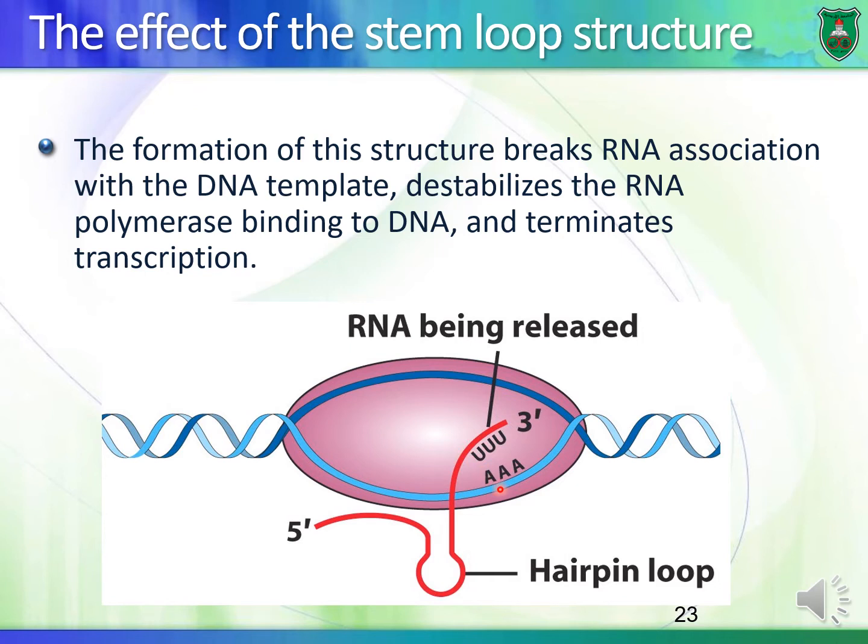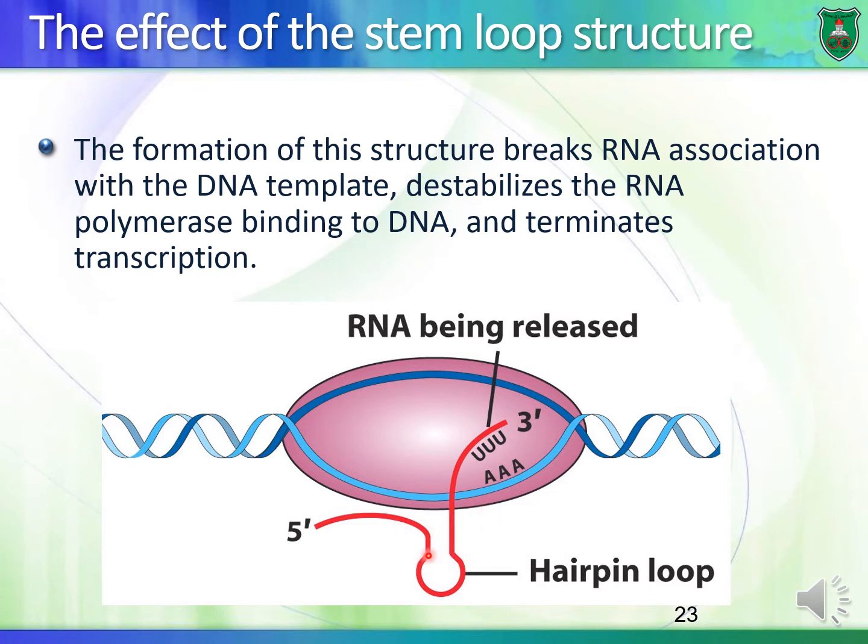What makes it worse is that the interaction between messenger RNA and DNA is mediated by A's and U's. And the interaction between A and U is weak because it's based on 2 hydrogen bonds, whereas note that the stem is made of G's and C's.